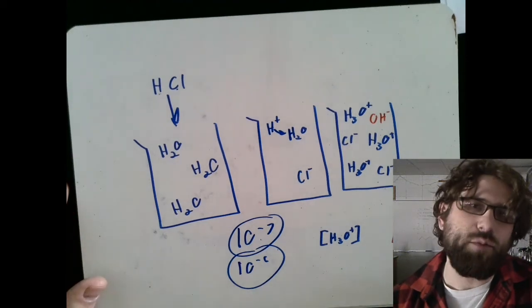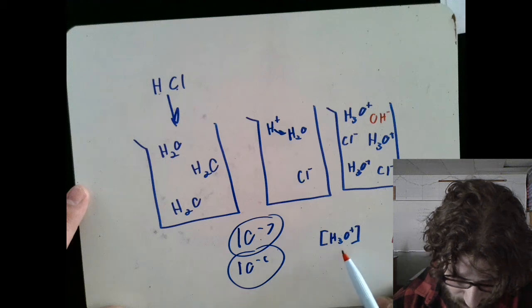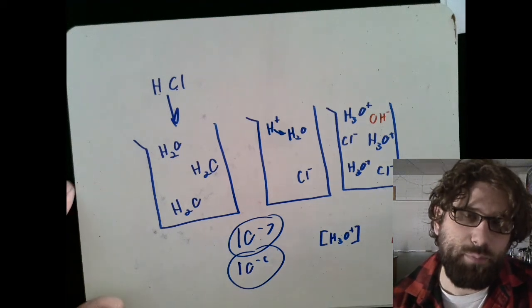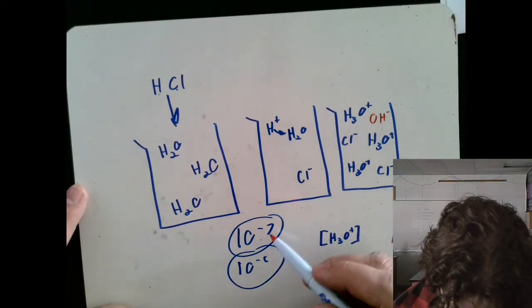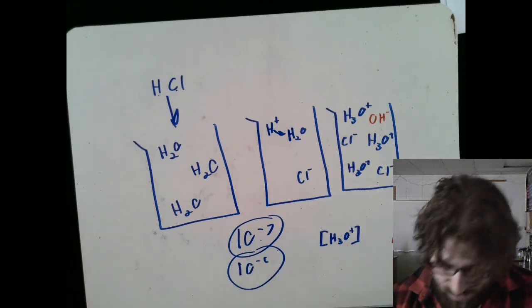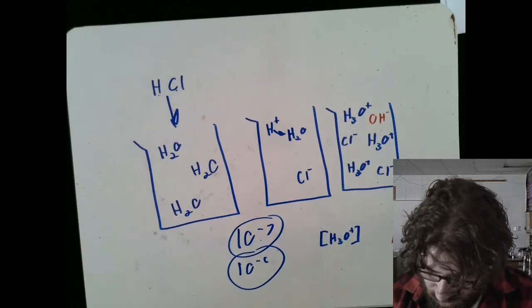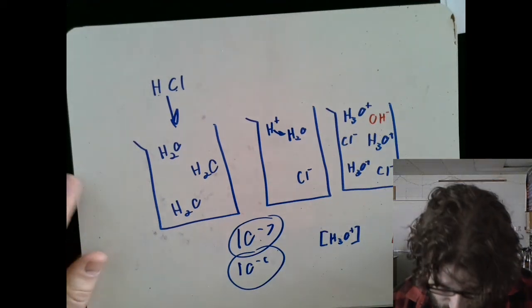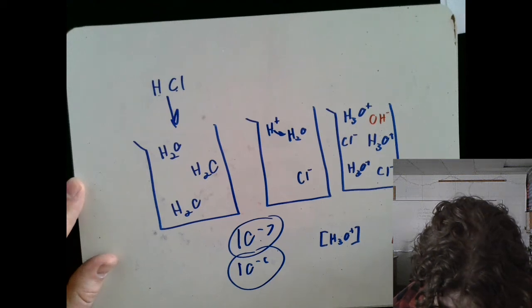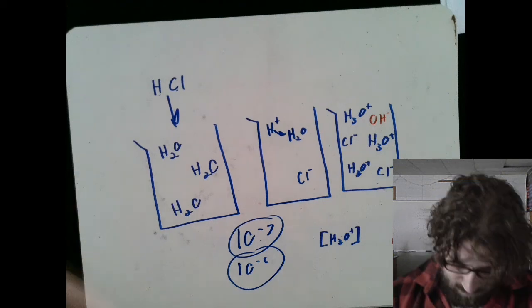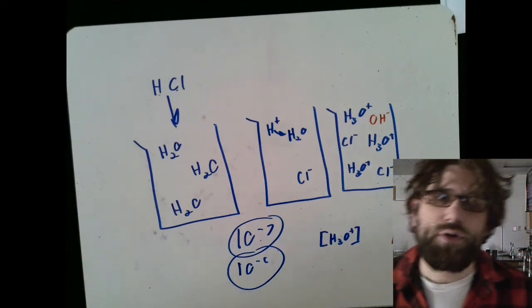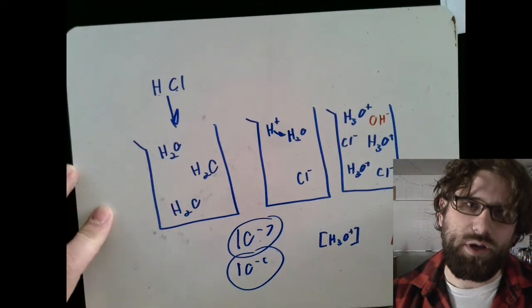And it's actually going to go down proportionally to how much the hydronium concentration goes up. So if this went up 10 times, then the hydroxide concentration is actually going to go down 10 times. So if this started at 10 to the negative 7th, it's going to go down to 10 to the negative 8. That's how these are going to start to look.